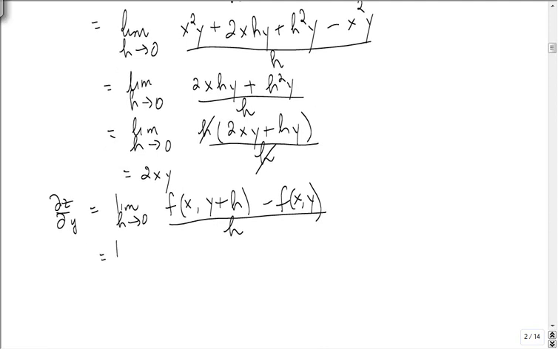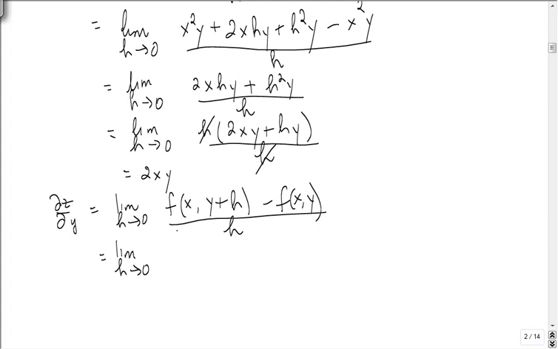So this is equal to the limit as h approaches 0. Now f of x, y plus h says in place of y in the function, you are going to put y plus h.